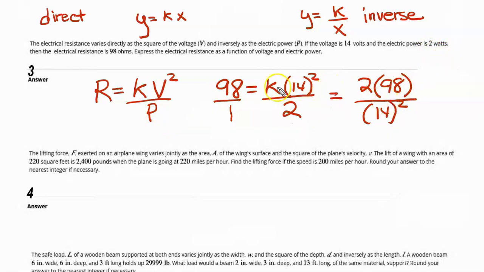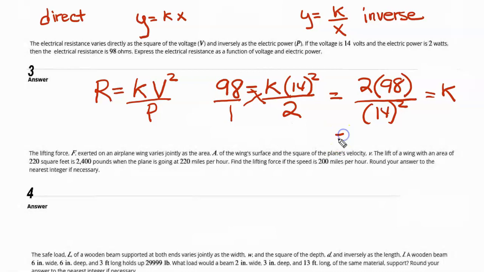Now, in solving this, think of it as a fraction, this over 1, and we can cross multiply in a sense. 2 times 98 gives us this, and we multiply the 1 by this, and we're left with the K there. So this is what K is. And let's find out what K is by doing this, and that'll be our answer.